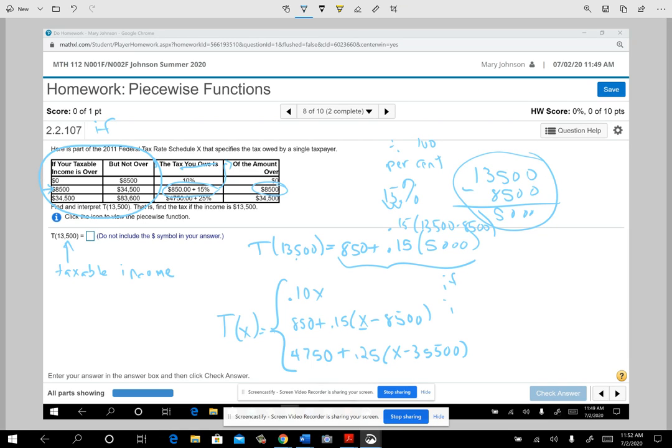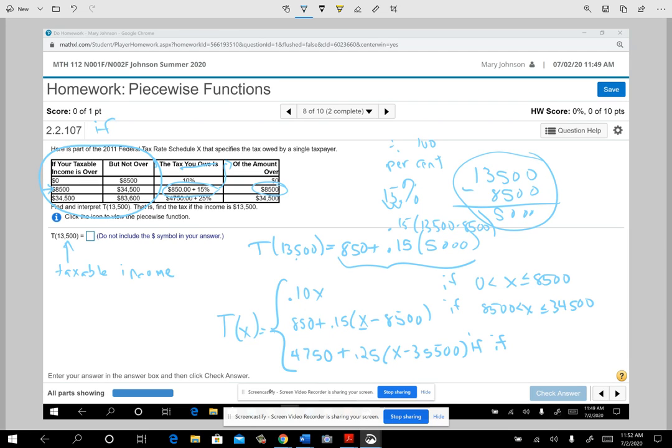Then we'd have these if statements over here, okay? And one of them would be if your income was over $0, but not over $8,500. The next one says if you're over $8,500, but not over $34,500.